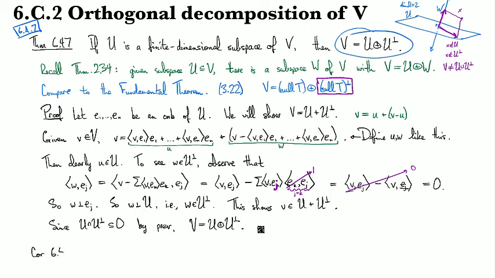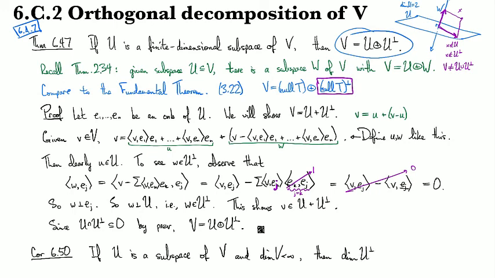All right, we have a quick corollary. Corollary 650. If U is a subspace of V and the dimension of V is finite, then the dimension of U perp can be found by subtraction.